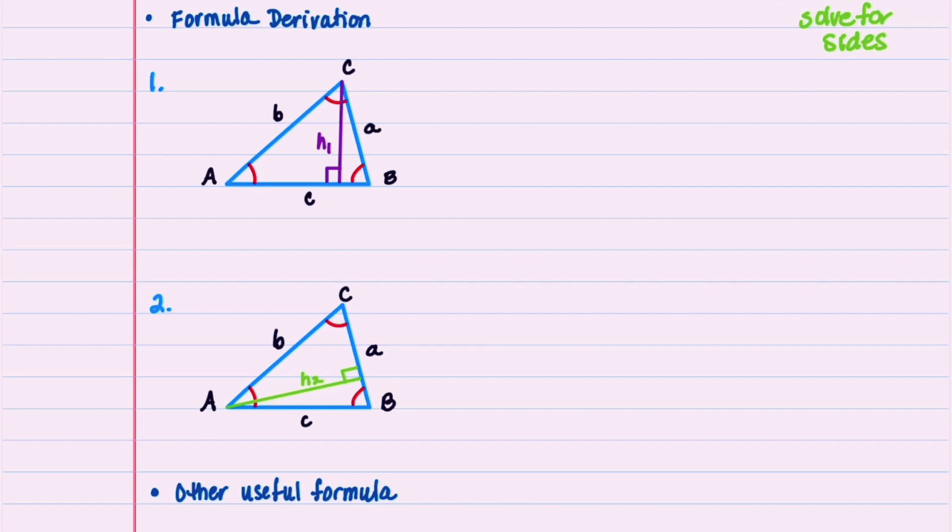I'm going to use the first triangle to show that sine A over a is equal to sine B over b.